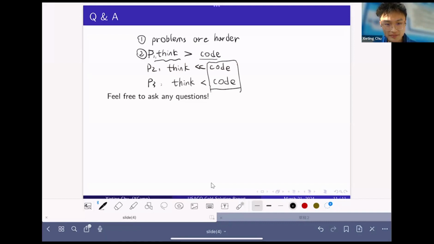But if you want to get good grades in the USACO contest, you have to do a lot of practice on coding, on how to implement your algorithm correctly. It is not to say that thinking is not important. Thinking is also important, but if you know how to code, then you can get better grades. So just pay more attention to coding.